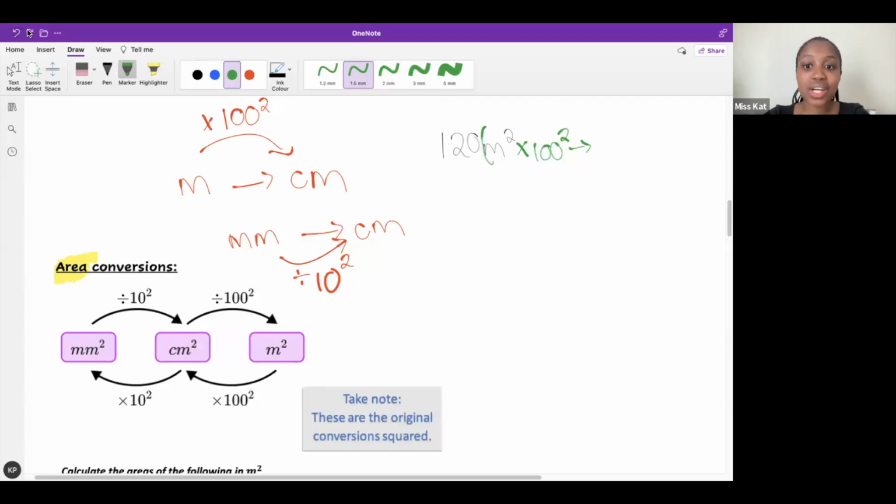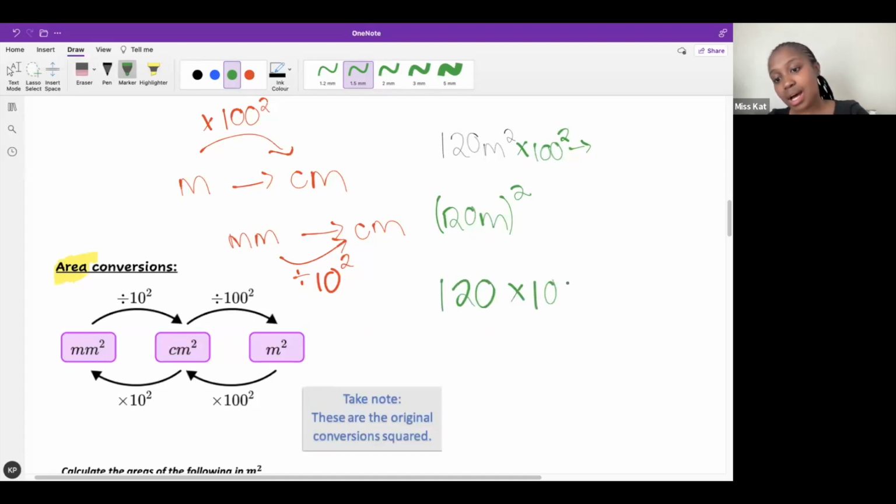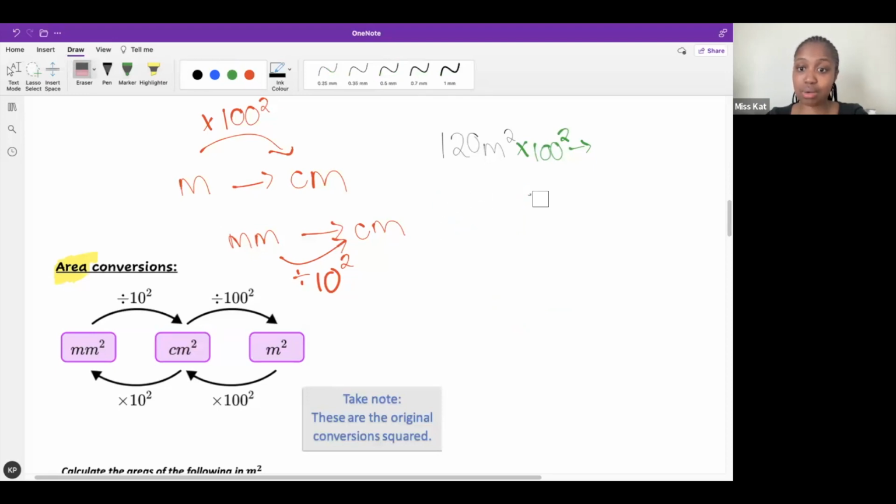It's not 120 squared, because then we would write it in brackets. I would say 120 meters, square the whole thing. Do you see what I mean? So it's actually just 120 times 100 squared, not 120 times 120. That's why we have too many zeros. I see why we have too many zeros now.